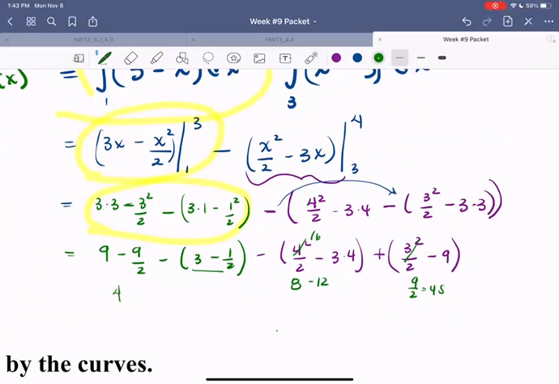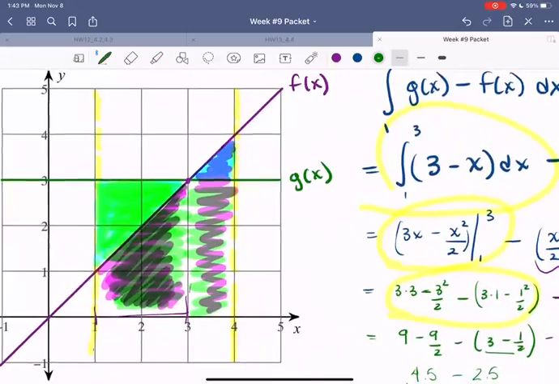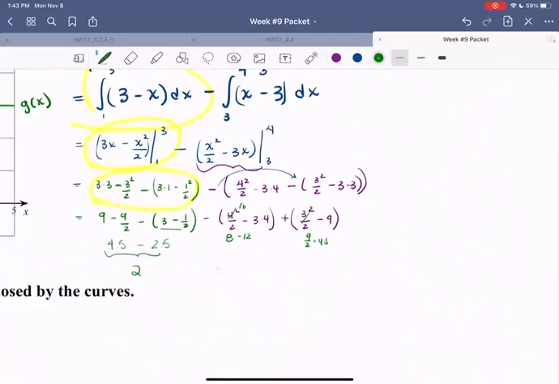So that should be 4.5. Minus, and I have 3 minus 1/2, which is minus 2.5. When I do that subtraction, I get 2, which is what I want here, which is what I see when I just look at this triangle. So that first integral checks out, and we're all checking out here, so that looks good.